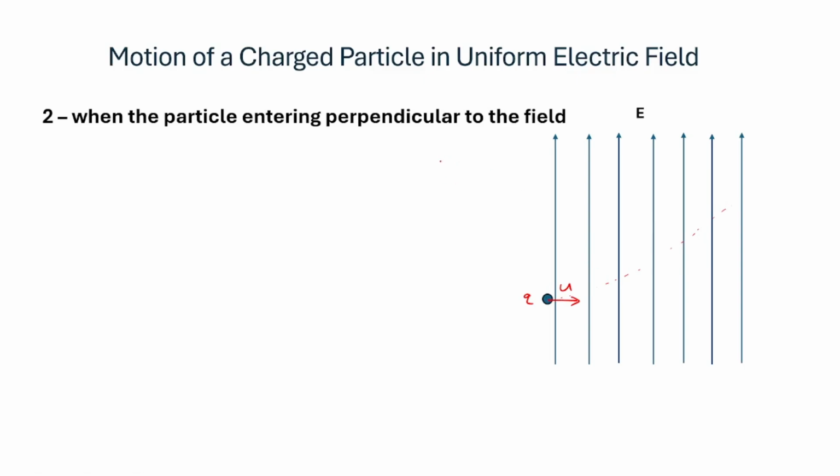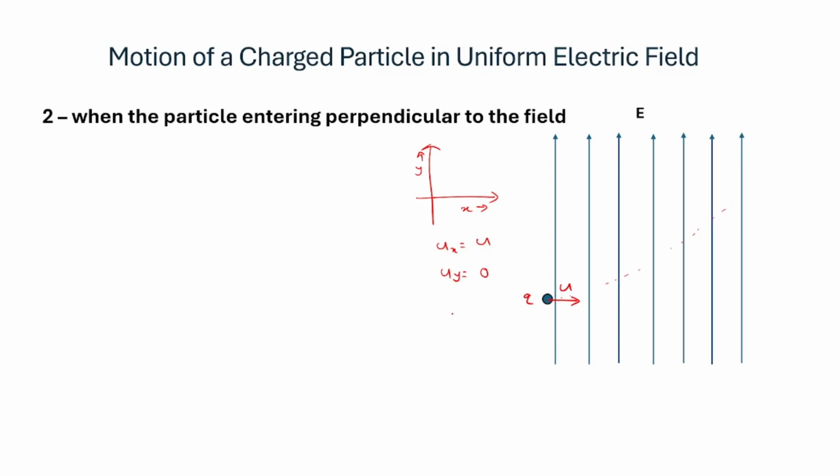And for simplicity, let me consider a two-dimensional coordinate system because this is a two-dimensional motion. So let this be the x direction and let this be the positive y direction. So I can say that the initial velocity in x direction is equal to u, and similarly the initial velocity in y direction is 0, because the charge is entering perpendicular to the field.